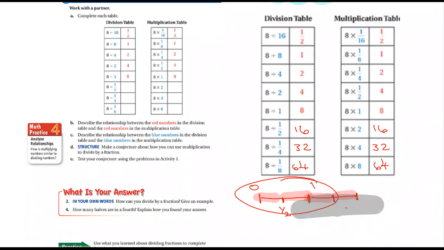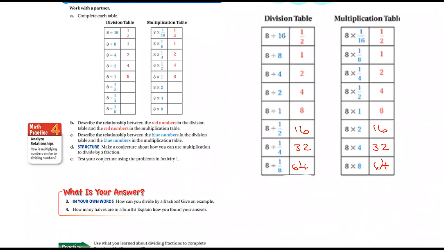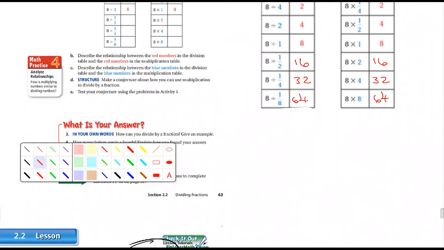Okay. Let me give you a little visual aid for 8 divided by 1/2. Let me show you what I'm talking about here. I'm just going to draw a line. Okay. And I'm going to say this is 0 and this is 8. I don't know if I'm going to do this right or not. I'll see how close I can get here. So if this is a half, this would be what? 1.